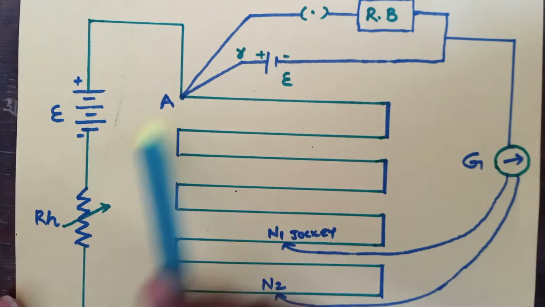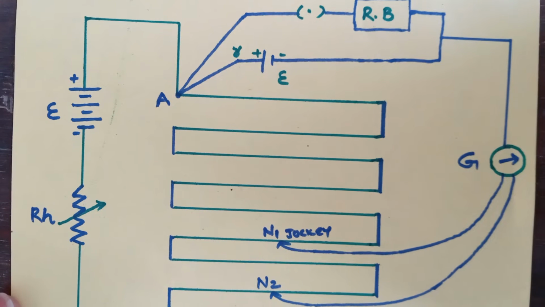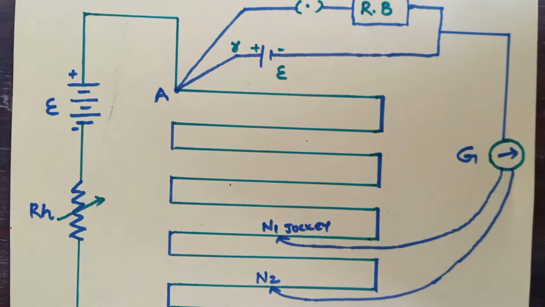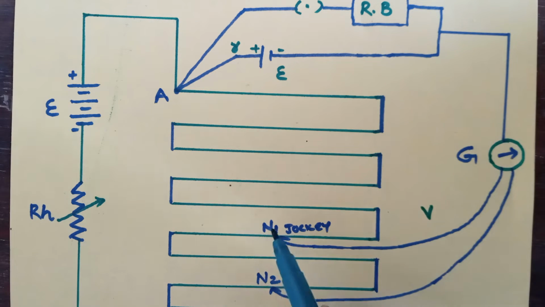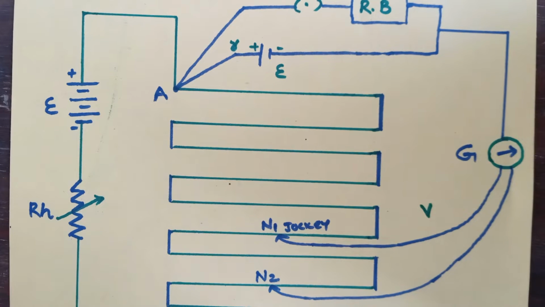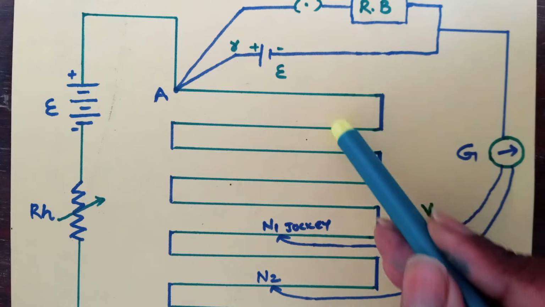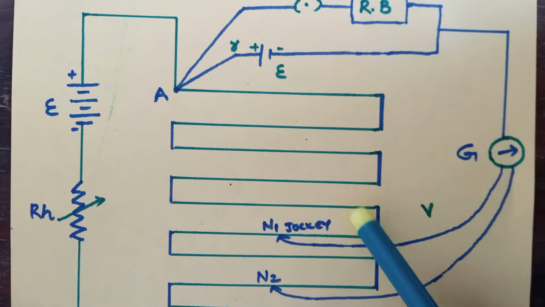Potentiometer is an electric device which is used to accurately measure the potential difference between 2 points in an electric circuit. It consists of 10 meter length of manganese wire, 1, 2, 3, 4, 5, 6, 7, 8, 9, 10.